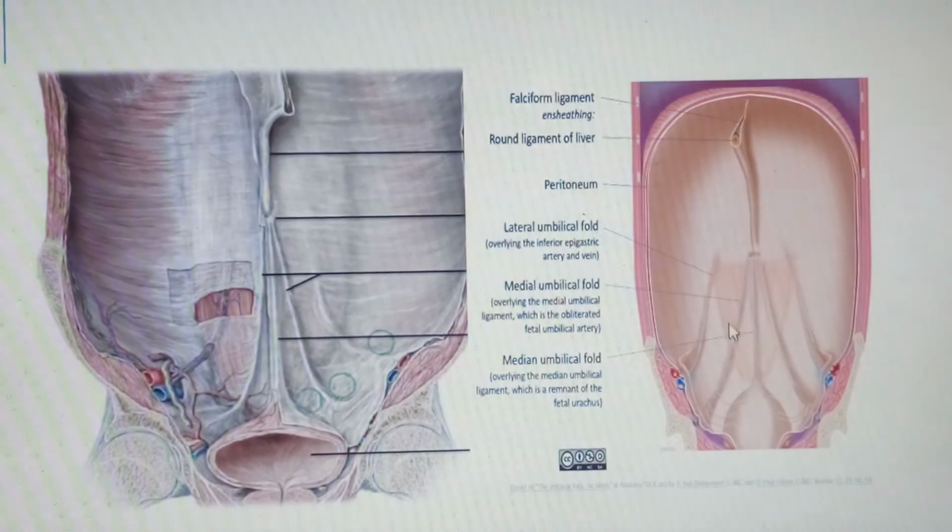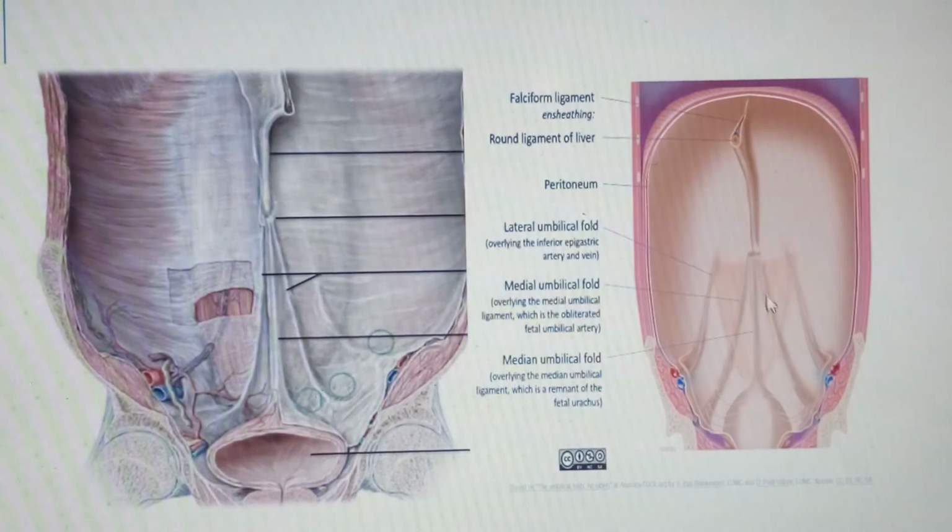Okay, and then we also have this one. The one which is just lateral to this median umbilical ligament is the medial umbilical ligament. And this medial umbilical ligament is what I'm talking about. Okay, I'm looking at the medial umbilical ligament. This medial umbilical ligament was actually the umbilical arteries.